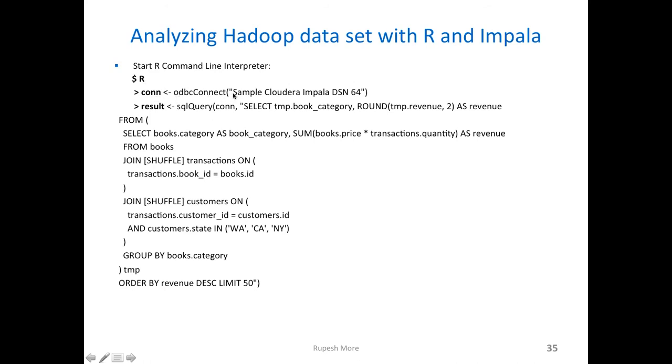So via this command we'll be able to connect to Impala, and from Impala we can run the select query. So basically this is query 4 that we had used previously. Once we run this query in Impala, we'll store the result in the result variable within R.